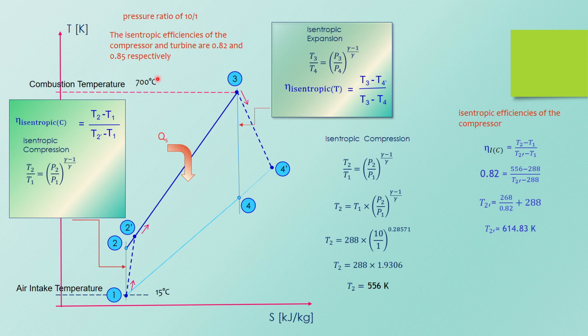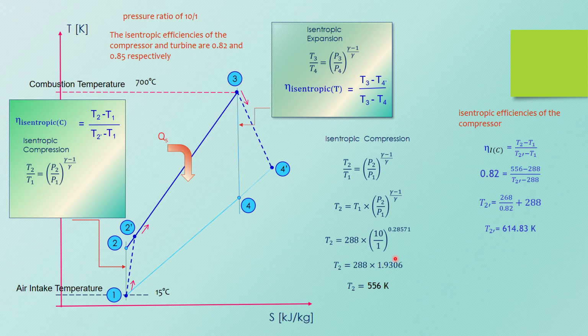T3 is 973 Kelvin. Okay, how to find out T4? To find T4 prime, you must have T4. So T3, you know, pressure ratio is 10 to 1, gamma is 1.333, so you can find out your T4. Once you got your T4, you can find out your T4 prime. Everything is shown here in my workings. Look at my laser pointer.